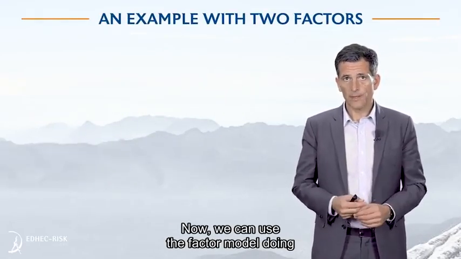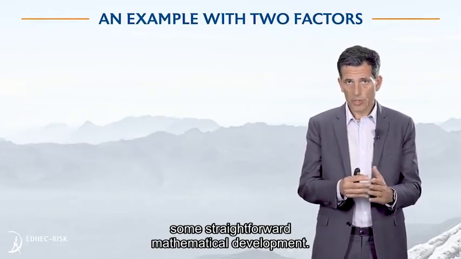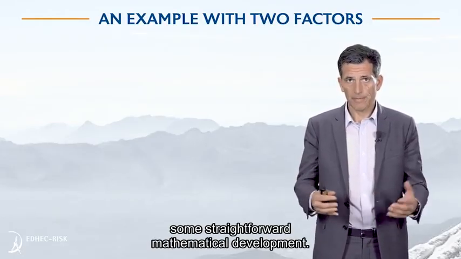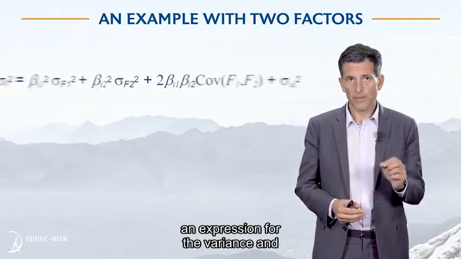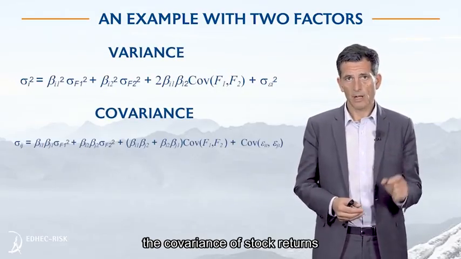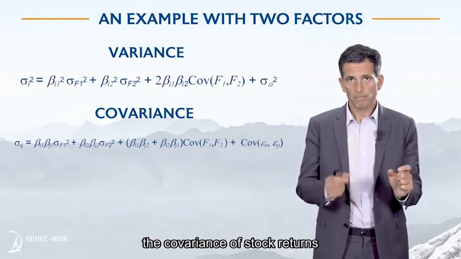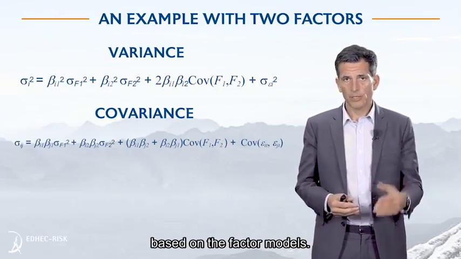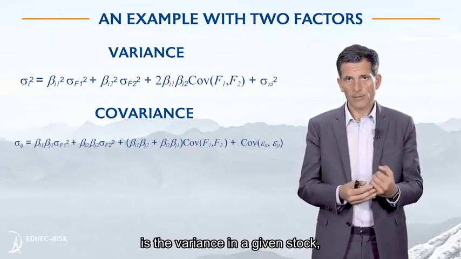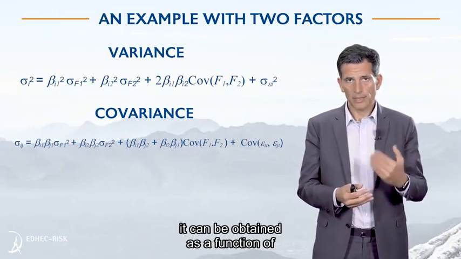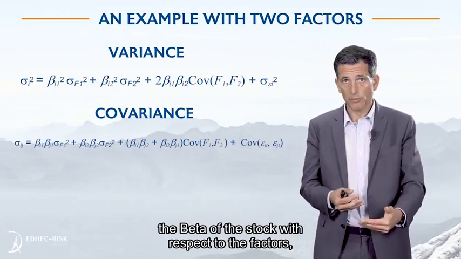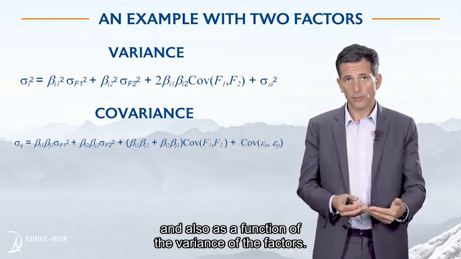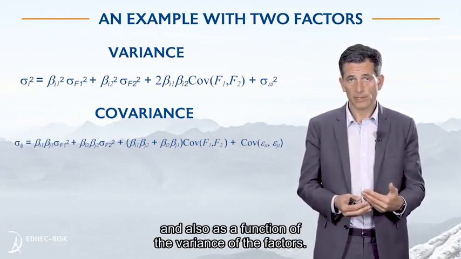Now, we can use the factor model, doing some straightforward mathematical development, to get an expression for the variance and the covariance of stock returns. So for example, what we find is the variance of a given stock can be obtained as a function of the beta of the stock with respect to the factors, and also as a function of the variance of the factors.